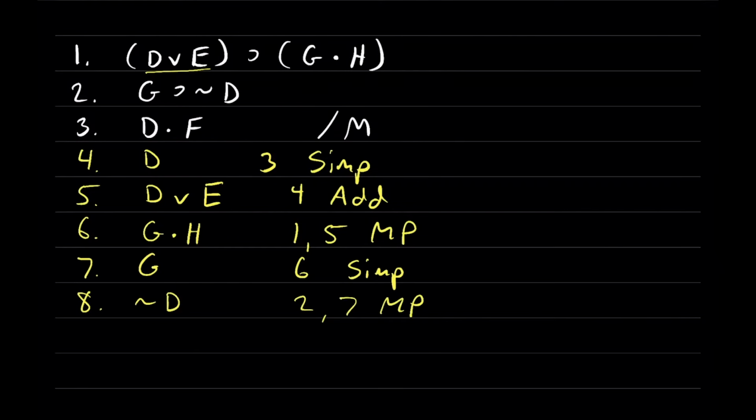So this is a really tricky proof from here. I want to pause here and draw some explicit attention to what's going on. What I notice here is that the conclusion M doesn't appear anywhere in the premises, if you notice. That letter M doesn't appear. So we're going to have to add in that letter M into the proof somehow in order to get that conclusion. What I notice next is that on line 4 we've got D, on line 8 we've got not D, which tells me that there's a contradiction somewhere in this proof.